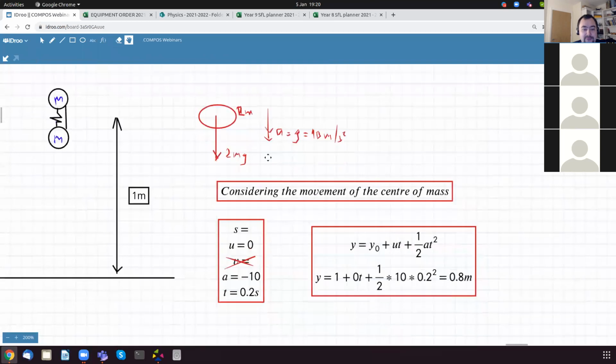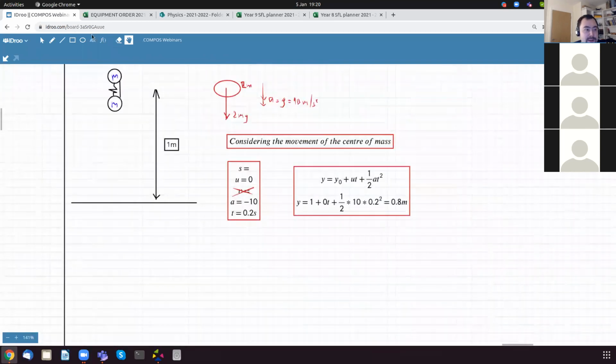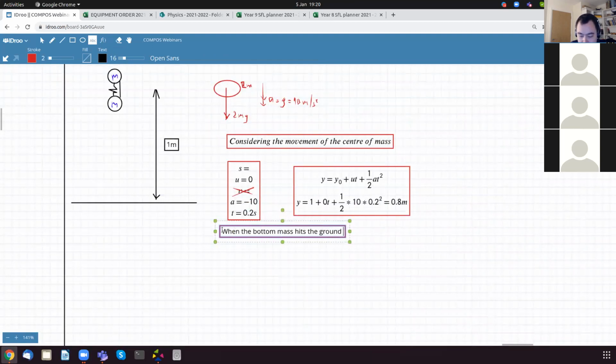So by the time the bottom mass hits the ground, the center of mass is at h equals 0.8 meters.